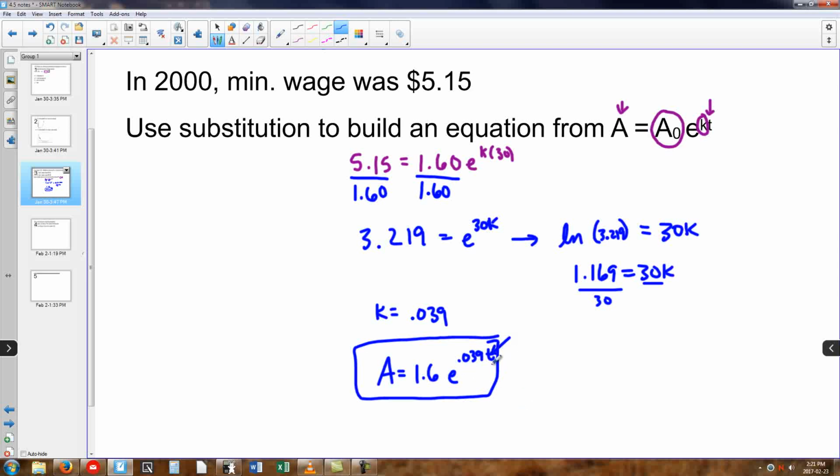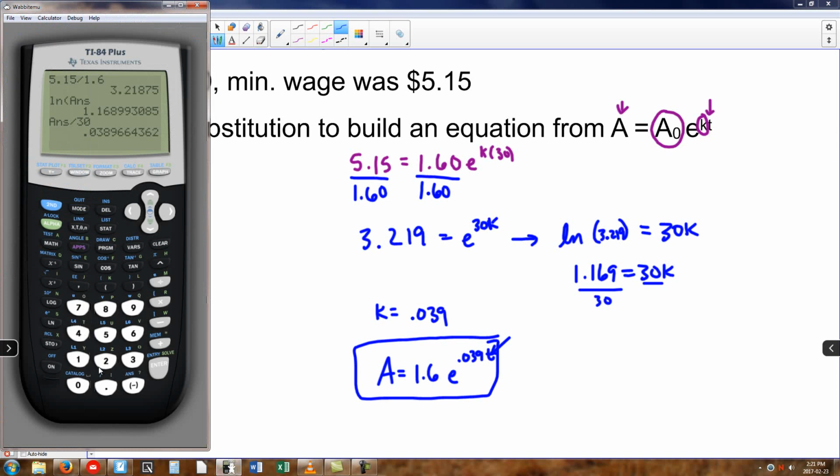So if we use 2017, that would be 47 years. So I'm going to go ahead and use 47 as my exponent here. 1.6 e to the 0.039 times 47. And if we hit enter, we get $10.